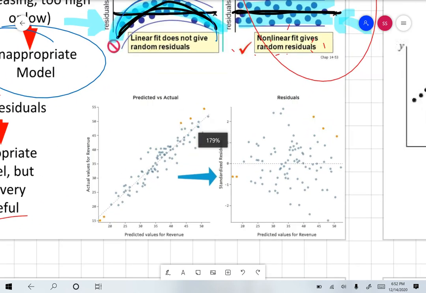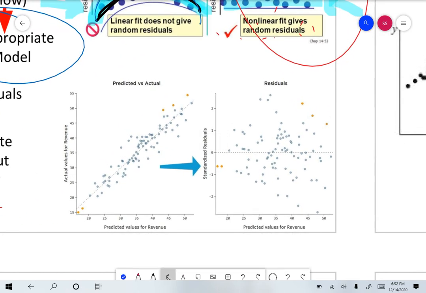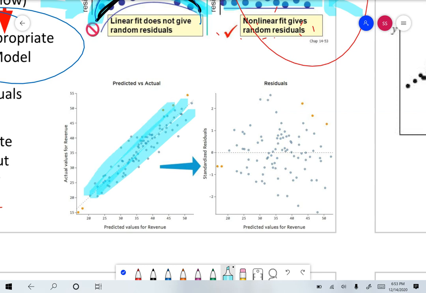This bottom plot here is a really good example of an appropriate model that's not very helpful. Okay. So you'll notice that the data over here look linear. So they used a linear line to predict, right? They used a line of best fit that was linear. And the residual plot looks good.